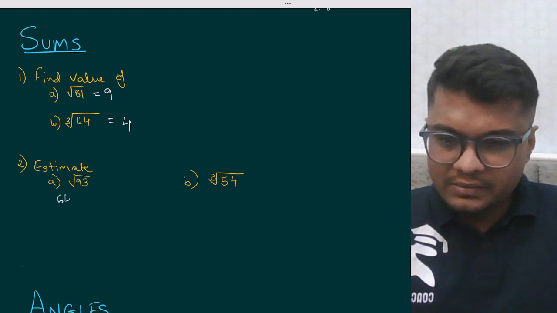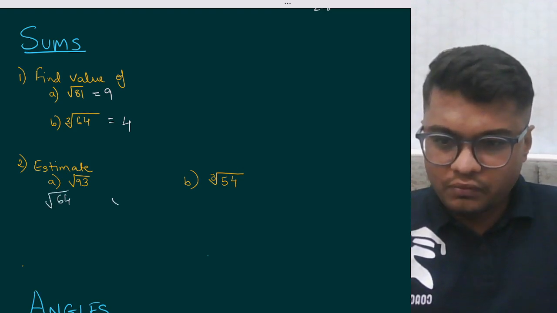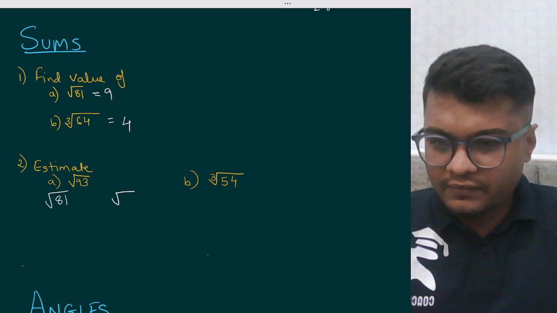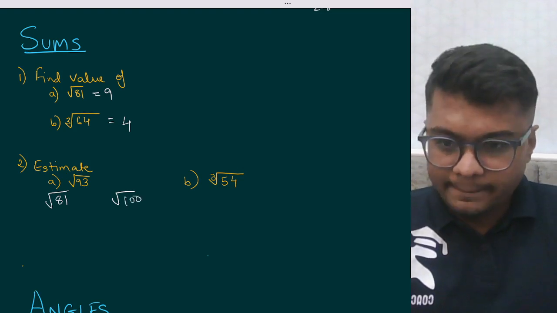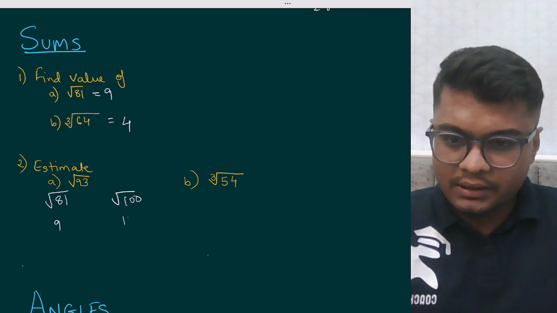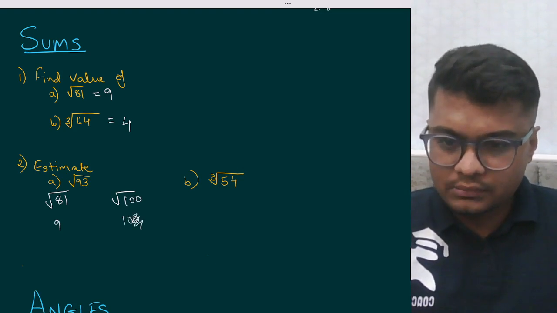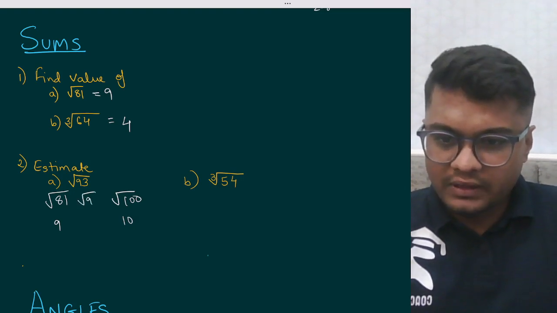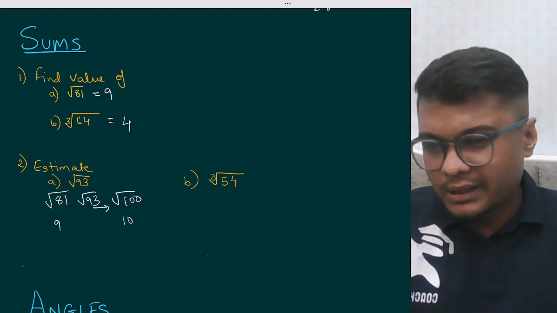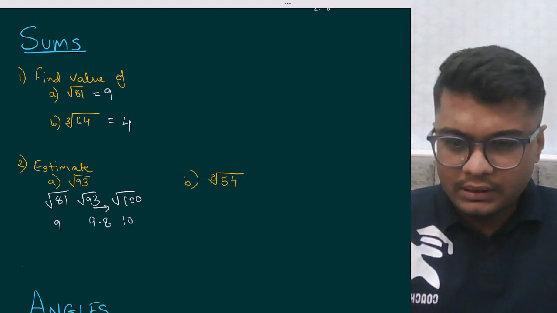Can I say it is between root of 81 and root of 100. 81 is a root of 9 and 100 is a root of 10. Now root of 93 seems closer to 100, right? So it can be somewhere around 9.8.